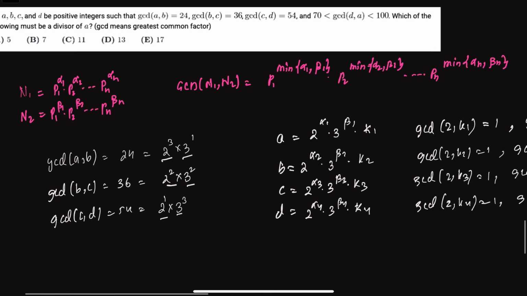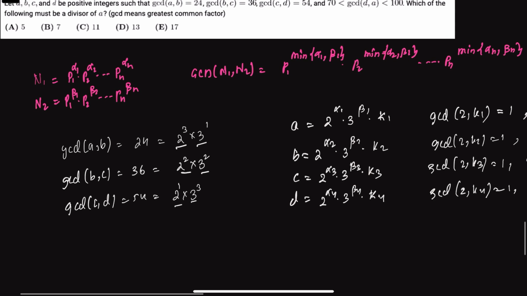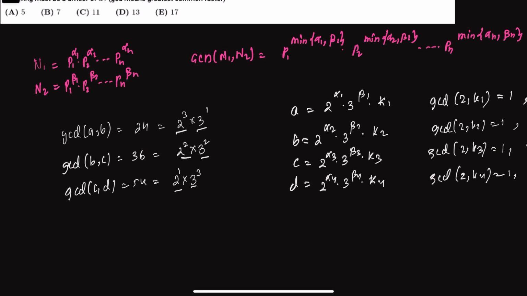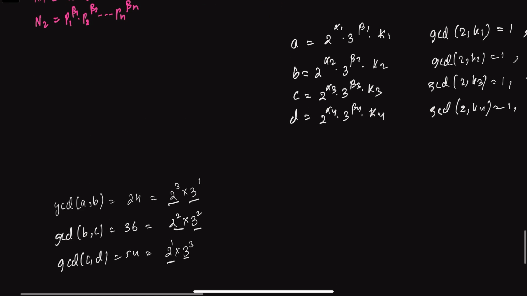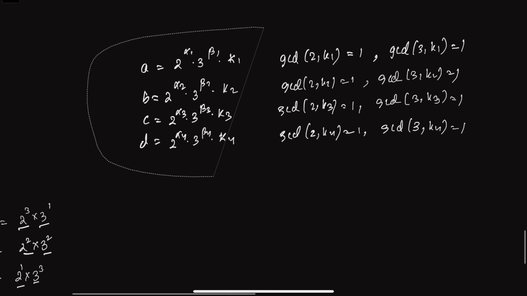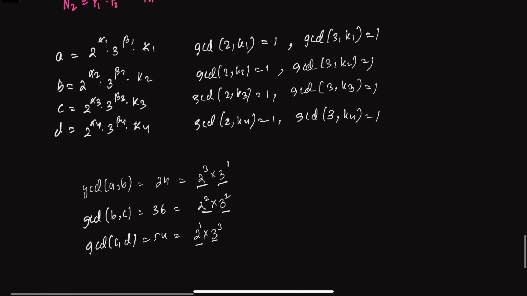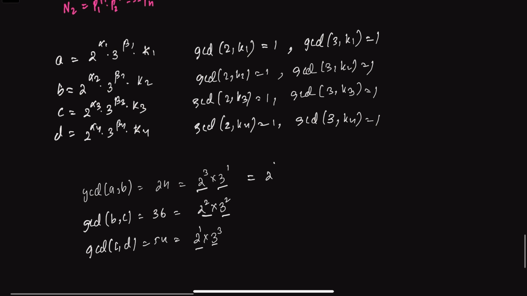So there should not be any common factors, especially 2 and 3, in these residual parts k1, k2, k3, k4. So if these are the factorizations of A, B, C, D, then the GCD of A and B is 2 to the power minimum of alpha 1 comma alpha 2 into 3 to the power minimum of beta 1 comma beta 2.